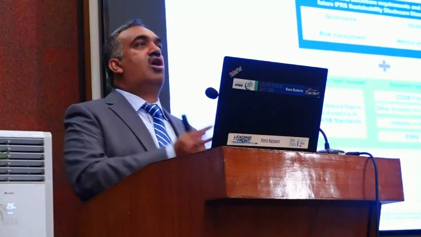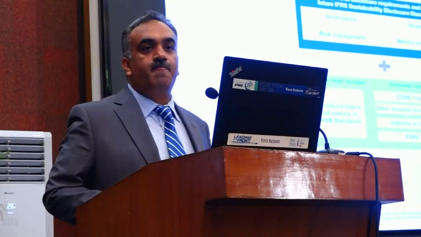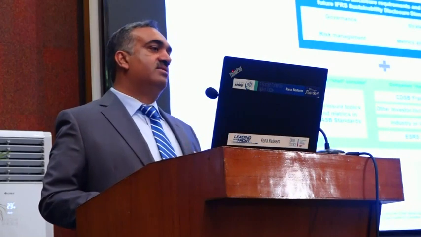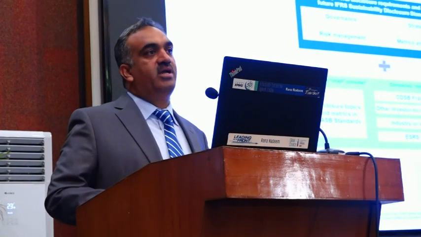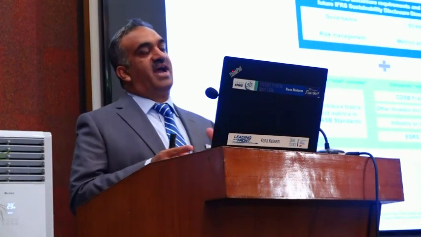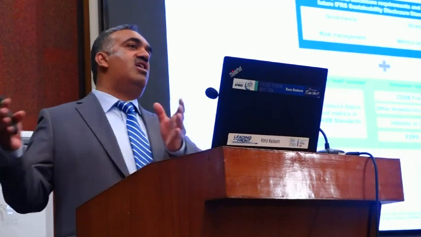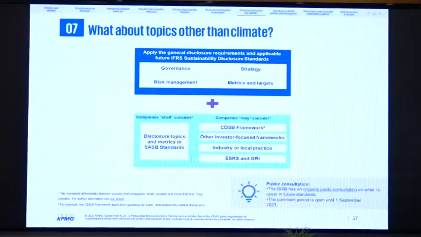But GRI is not a member of the IFRS group, so there will be a reconciliation going forward, because it will be very difficult to migrate from a very large data set of GRI standards if you have already started working on it. But for the comfort of the audience, there's a lot which is overlapping. It is just the approach.